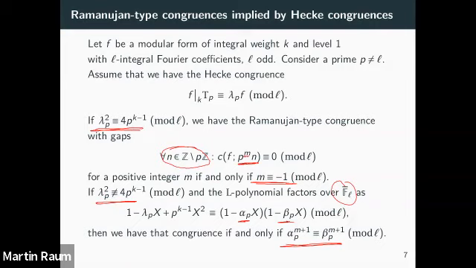So this is kind of a complete classification, if you want to call it a classification. It's a calculation of Ramanujan-type congruences implied by Hecke congruences. And that will become very important because we will see that Hecke congruences are actually the same as Ramanujan-type congruences, at least in integral weight. So remember this.